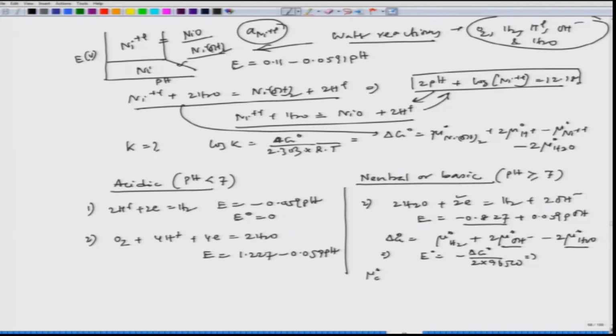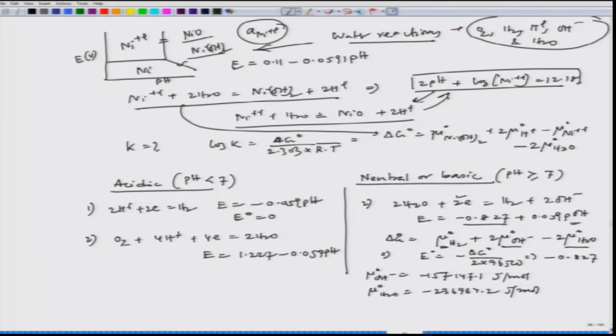So, mu0 OH minus equals minus 147.1 joule, and mu0 H2O equals minus 236964.2 joule per mole, and of course, this quantity for H2 is 0, and you get minus 0.827.